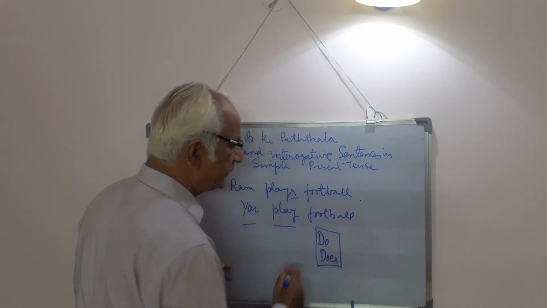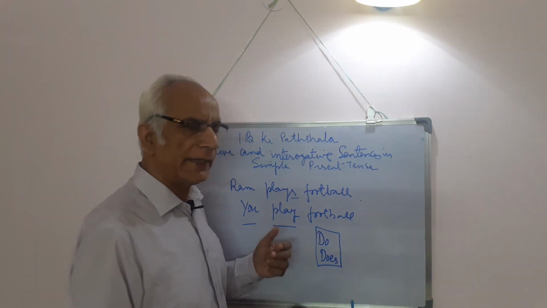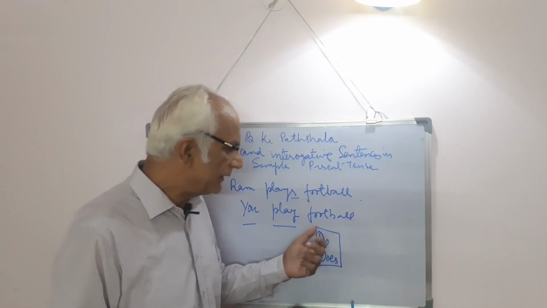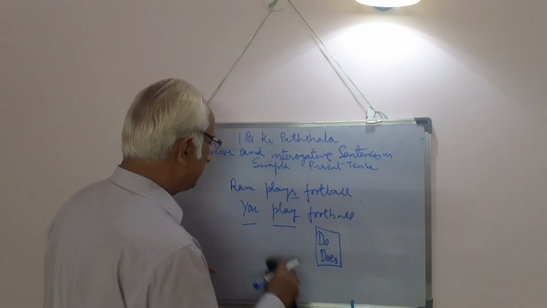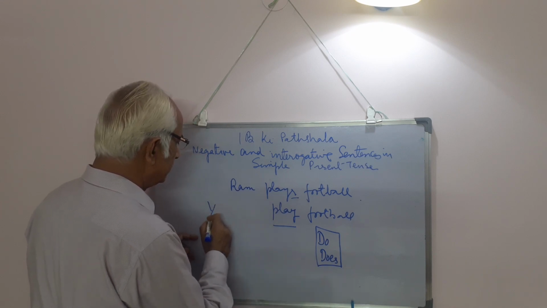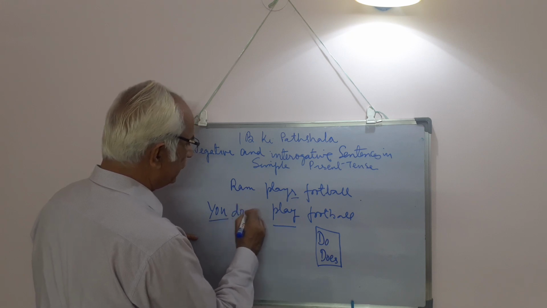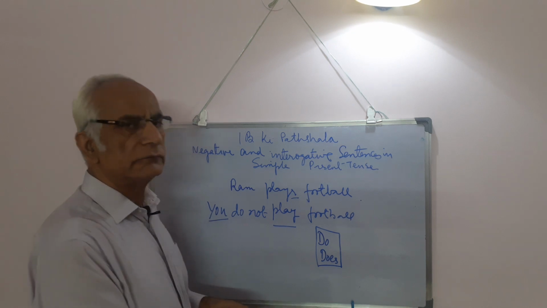You must use the helping verb do or does if you are writing a negative sentence in simple present tense. Where does it come? It will come after the subject. For example, I'll change it here. You, after the subject, do, then not. You do not play football.